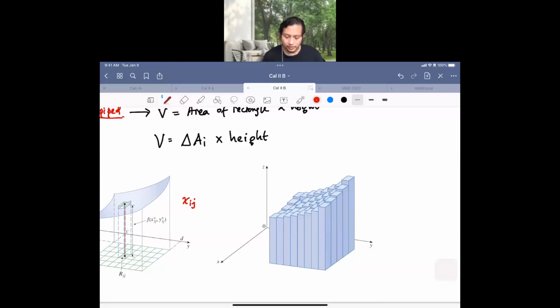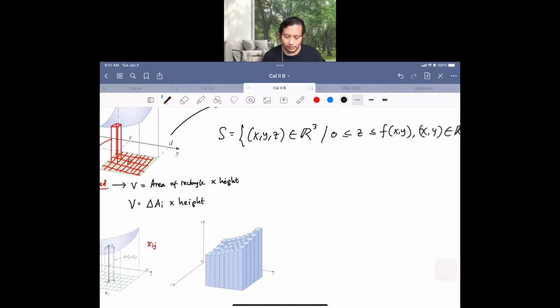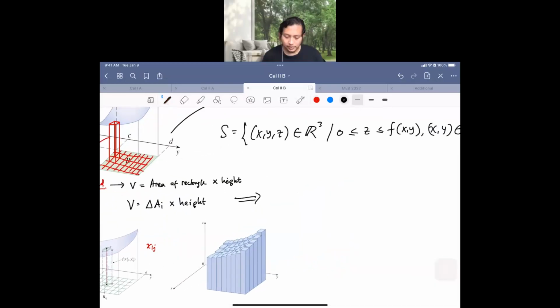And from here, we can start from delta A and multiply with the function of x_ij, y_ij, the sample point of each, right?